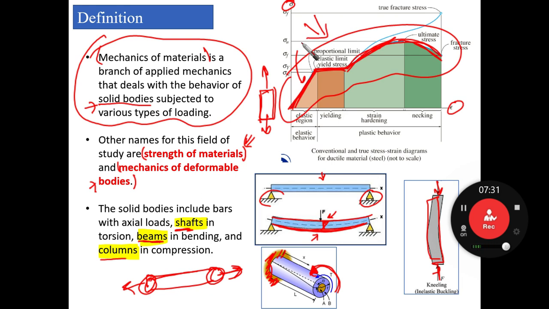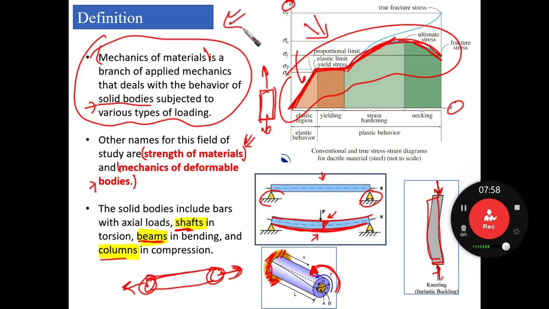It will help us in the design of whatever elements and components are composed of this material, and it is going to provide us information about how this material, or this component or element, which is a solid body, is going to behave under different phases of loading. So this is very important regarding the definition.